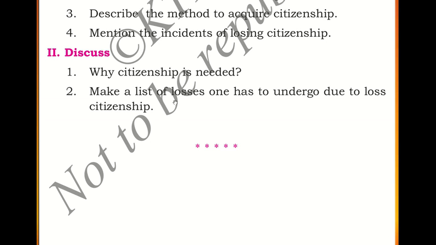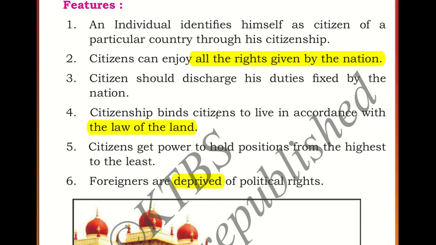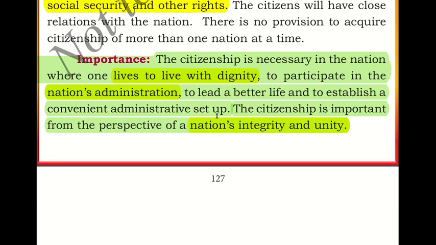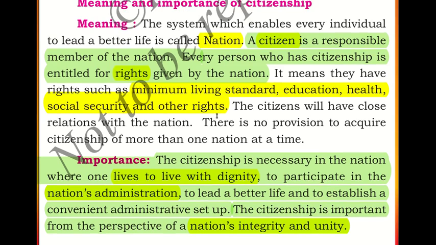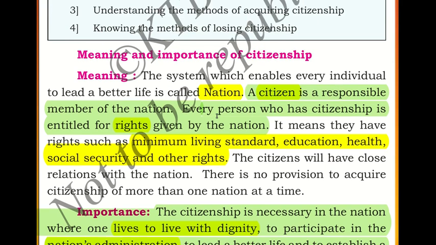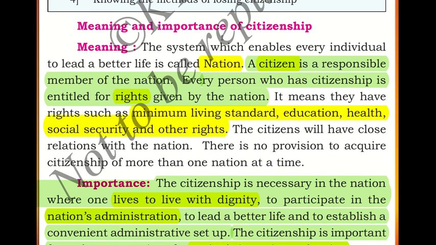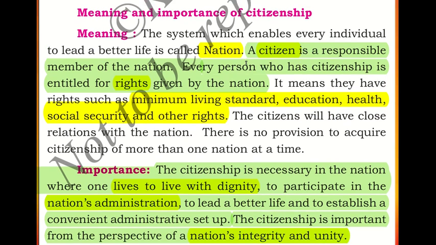Make a list of losses one has to undergo due to loss of citizenship. To answer this question, you need to look into some resources first. To answer that question, we need to look at the different entitlements that citizenship comes with. We discussed the importance of citizenship. So when a person loses citizenship, they will lose all the guarantees that are provided by the government of the nation for its citizens.